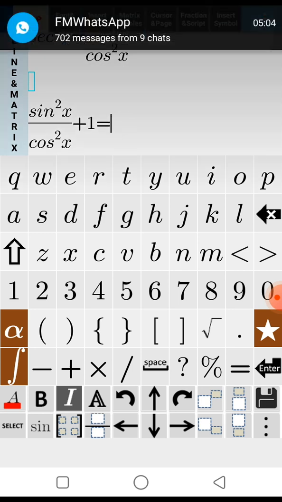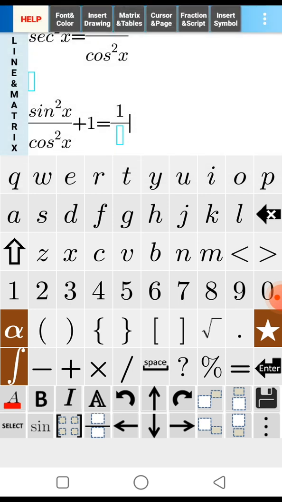We know that the value of secant square x is 1 divided by cosine square x.